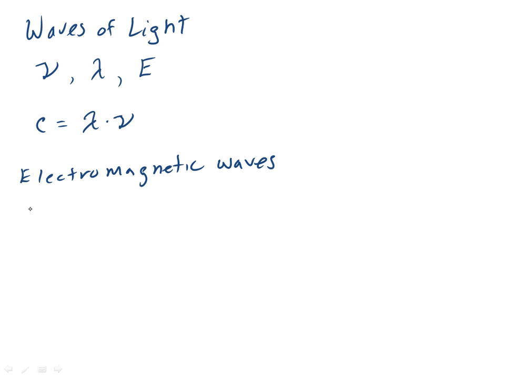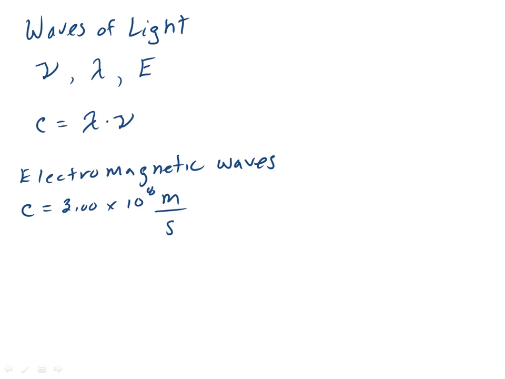The speed of all electromagnetic waves will be approximated to be 3.00 times 10 to the 8th meters per second, which is the speed of light.